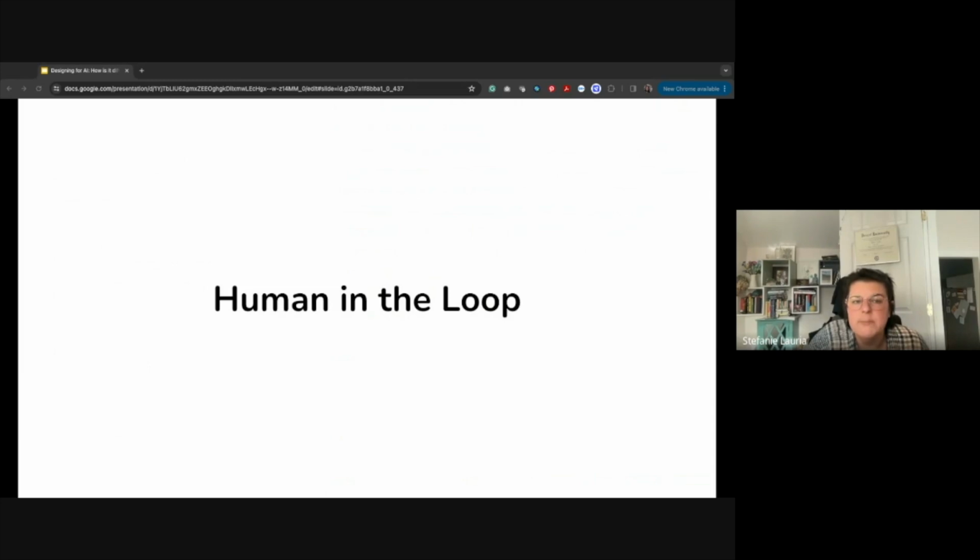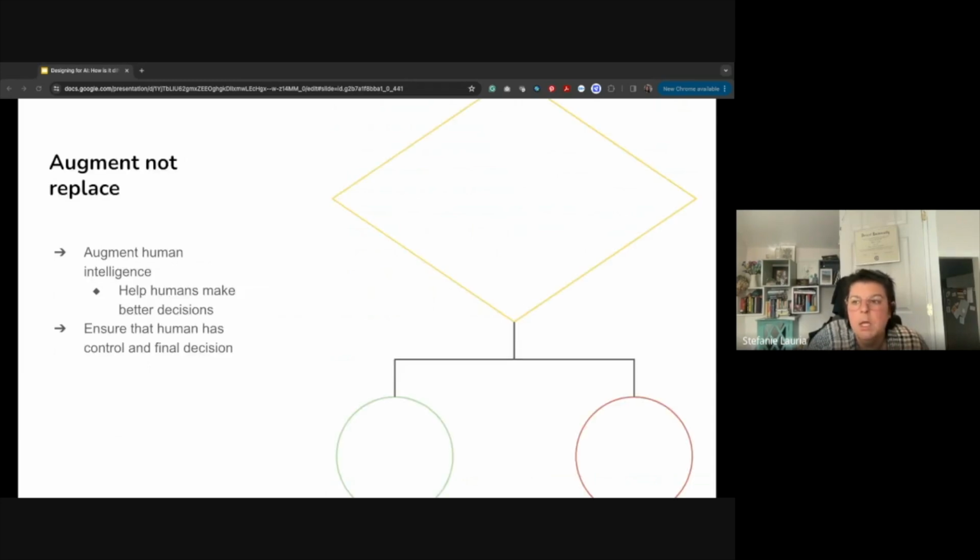The next aspect of a really good user experience is thinking about human in the loop. So I would say that my point of view is that AI is here to augment human intelligence, not replace human intelligence, right? AI is going to serve to help humans make better decisions.